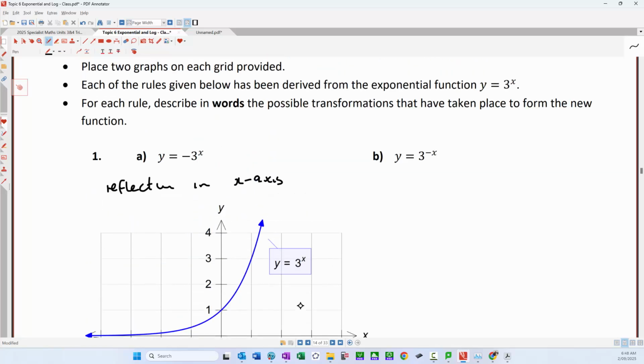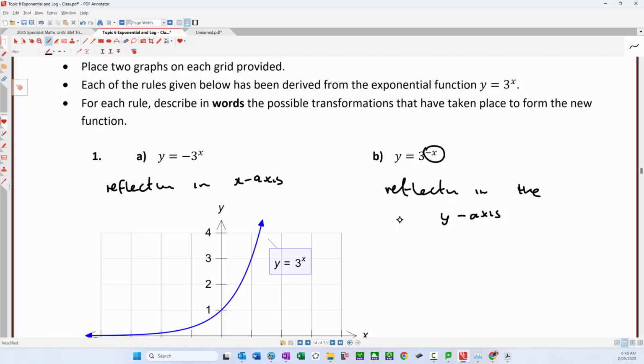This one here, you're going to learn a little bit more about in 11 Methods next year. That there is a reflection in the y-axis.